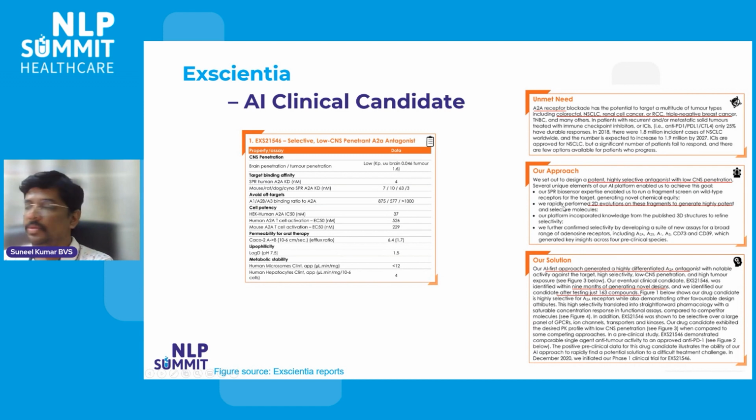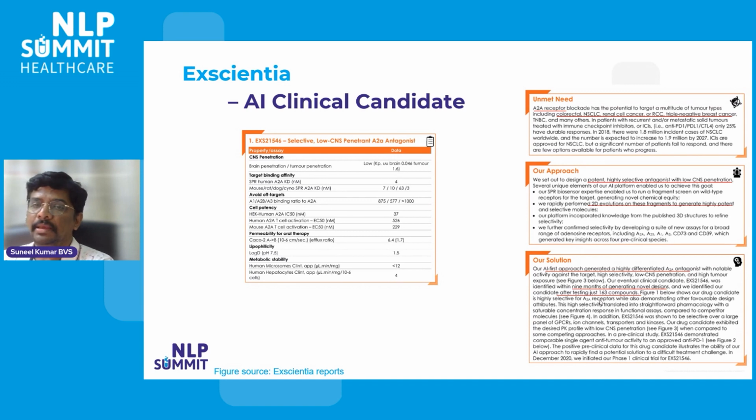The method they used is 2D evolution based on fragment-based approaches, and this is one of the first AI approaches used for the A2A receptors. They took around 9 months to generate novel designs and go through the DMT cycle. They tested 163 compounds during the entire project, and out of 163, one compound ended up as a clinical candidate.